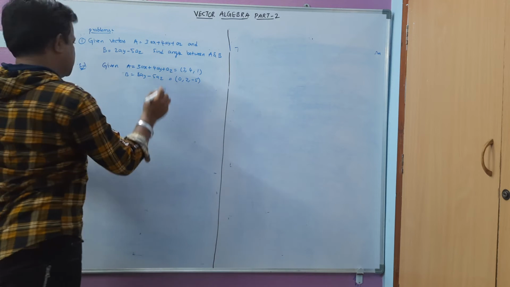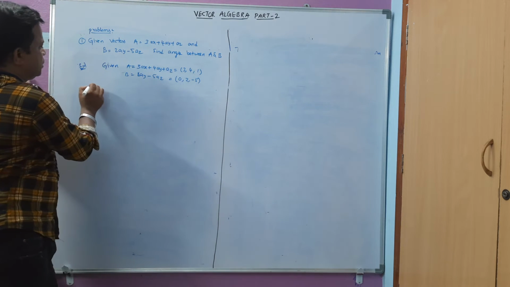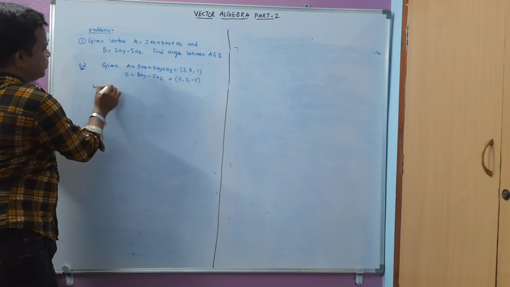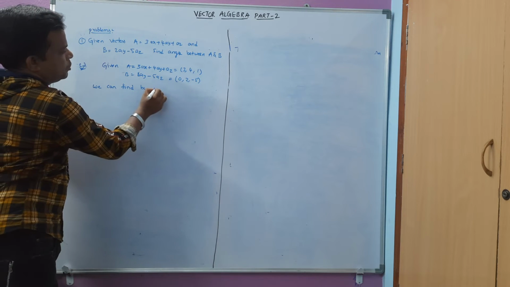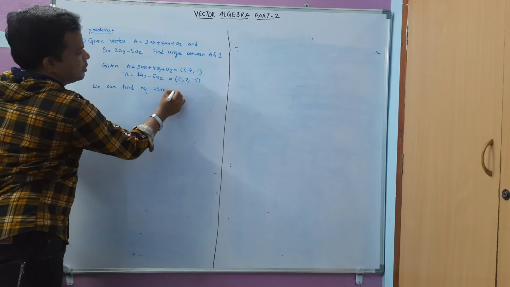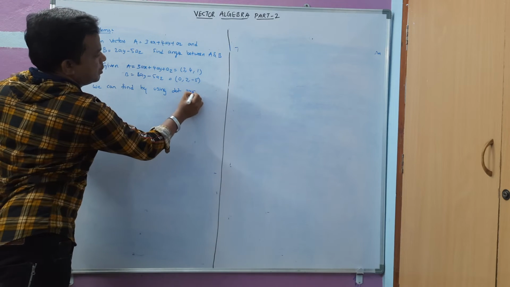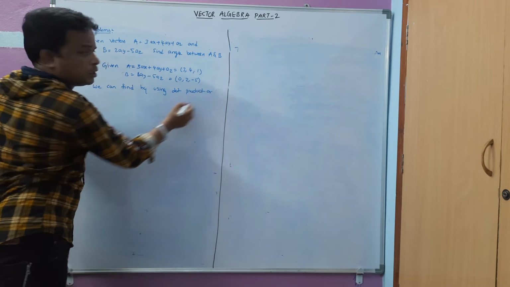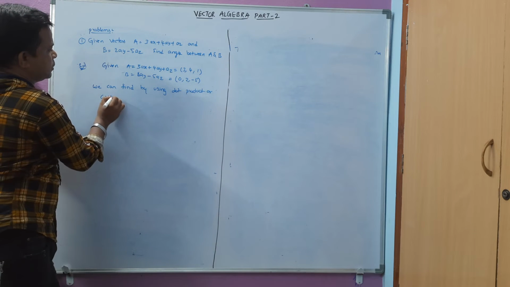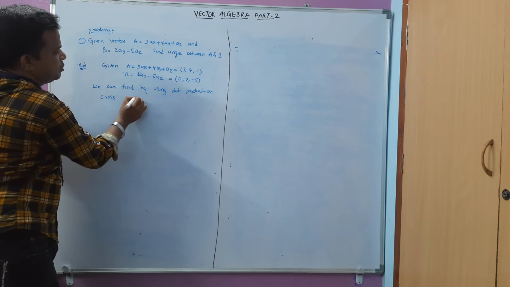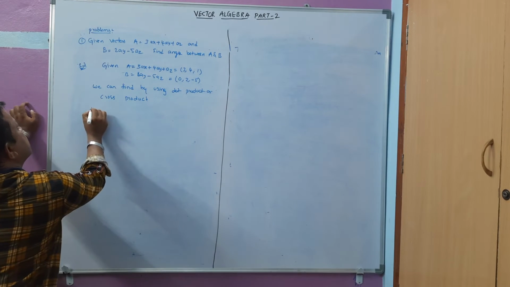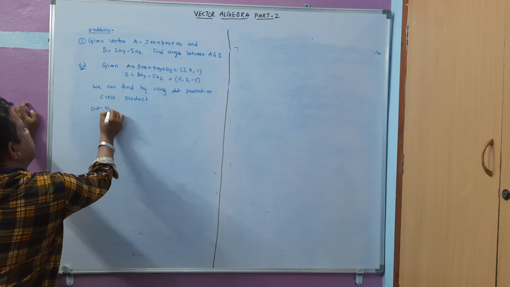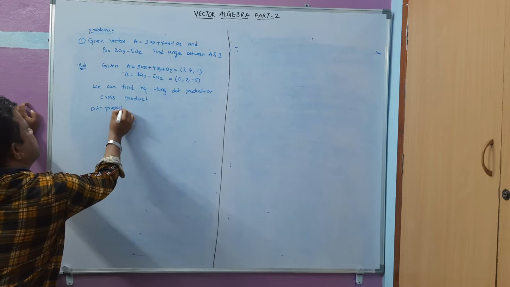We can find the angle by using the dot product or the cross product. First we will use the dot product here.